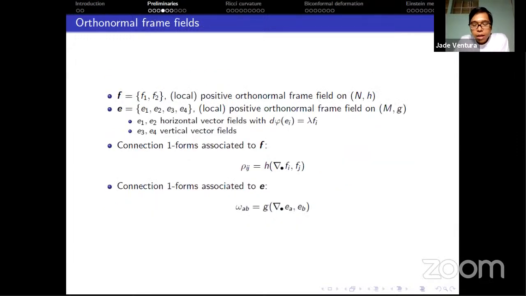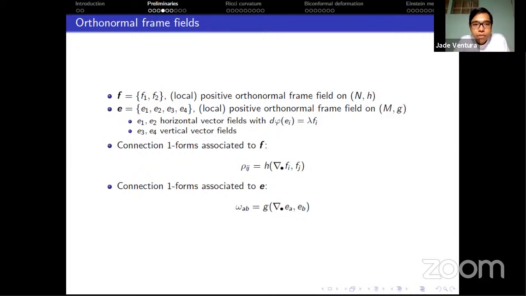We also use as an important tool in the computation orthonormal frame fields. So F here is a positive orthonormal frame field of N, E is a positive orthonormal frame field on M, such that these two conditions are satisfied. So the first two E's are horizontal vector fields, and the second two E's, the third and the fourth, are vertical vector fields.